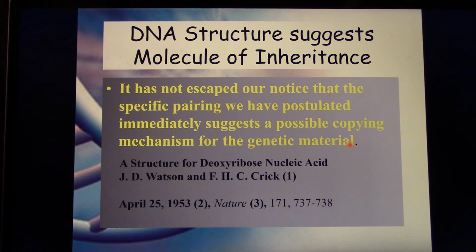In other words, they saw this hydrogen base pairing between the purines and the pyrimidines, and they knew that those were easy bonds to break. And so they knew that there was possibly a way for this molecule to replicate itself, which was an important feature for the molecule of inheritance.